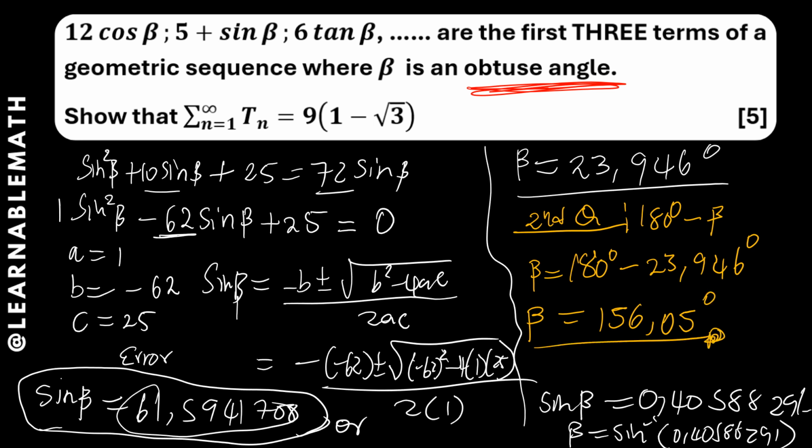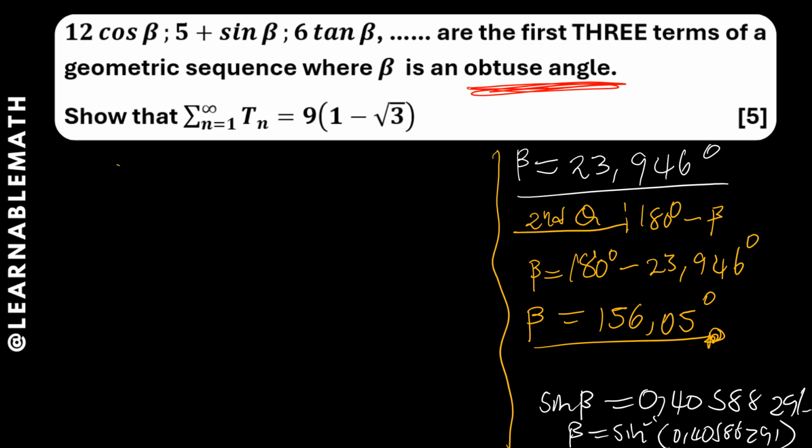So after finding your beta, you can just go and find that sum to infinity, to show that the sum to infinity will be 9 into 1 minus root of 3. What we really want to show is that the sum to infinity equals this. So sum to infinity equals a over 1 minus r.